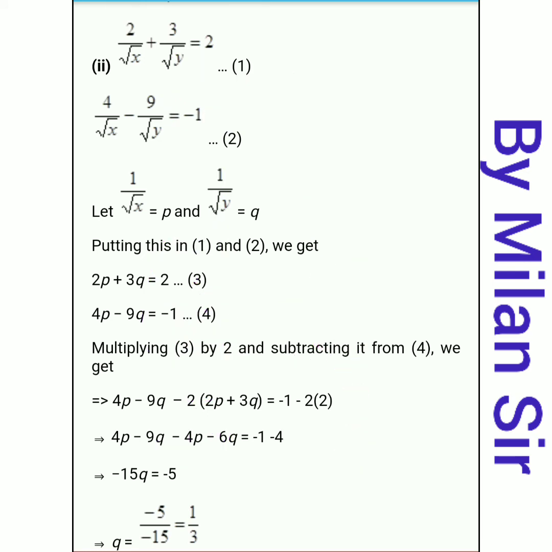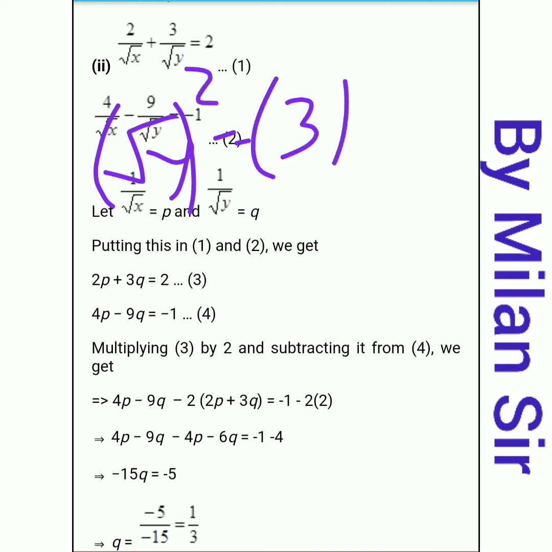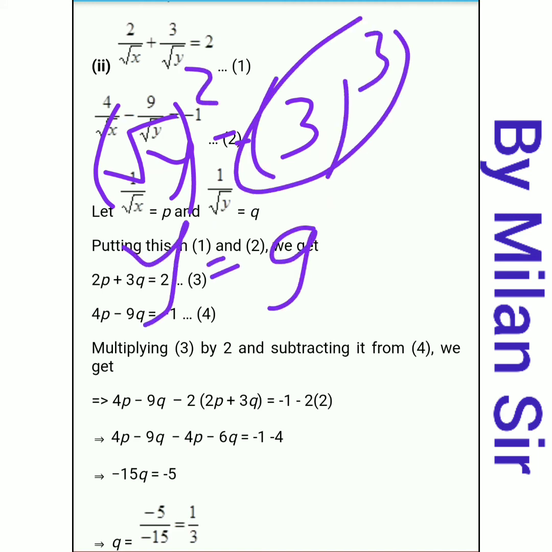Right, so under root y is equal to 3. Okay, now for finding out y, we need to take a square on both the sides. So under root y square, it is y, and here 3 square, it is 9. Okay, so y is equal to 9.